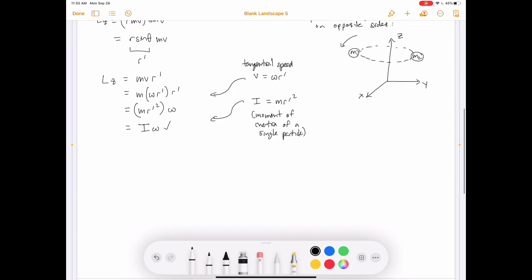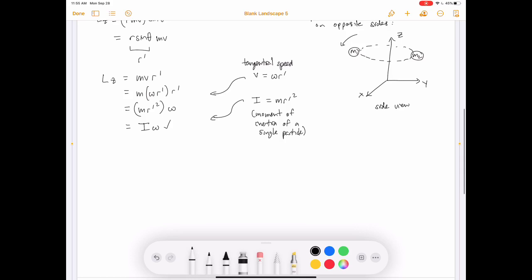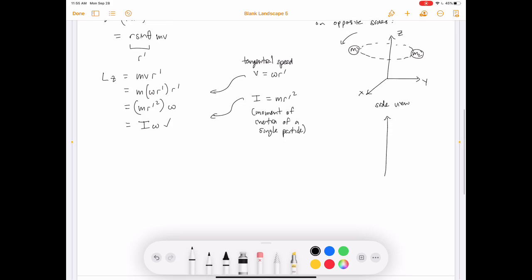If we take the side view, this is what we'll see. We'll have the z-axis like this, the y-axis like this, and then particle 2 is over here on the right side. Particle 1 is over here on the left side.